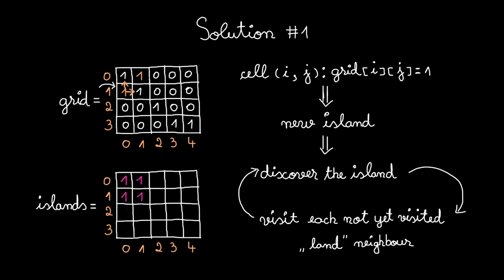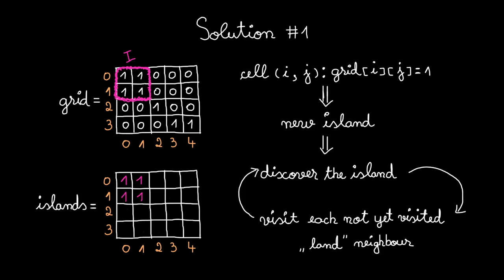It has 2 neighbors, but as we can see in the extra matrix, they are already visited, so there's nothing to do here. Same scenario for cell 1, 1. There are no more not visited cells left from this island, so we can proudly conclude that we have discovered and visited the whole island.